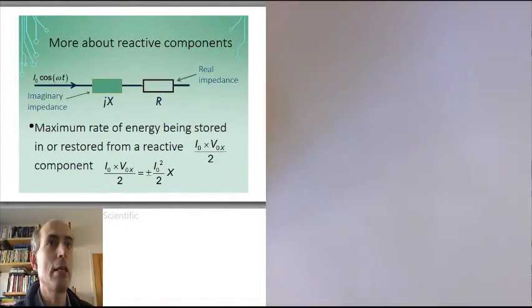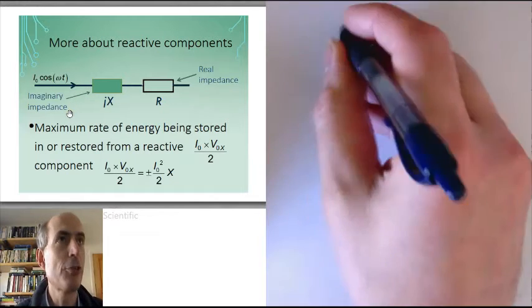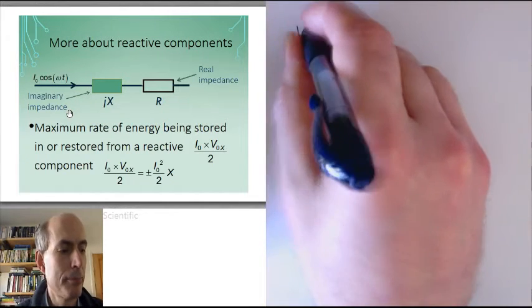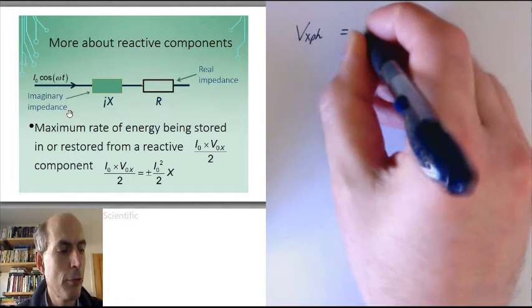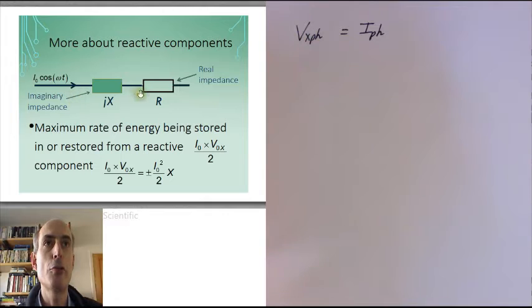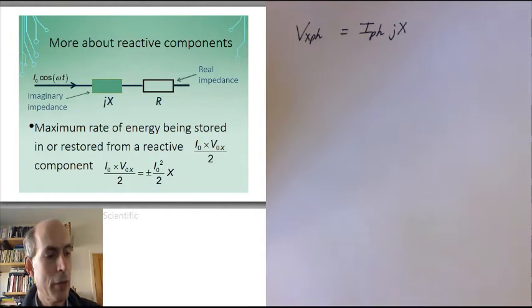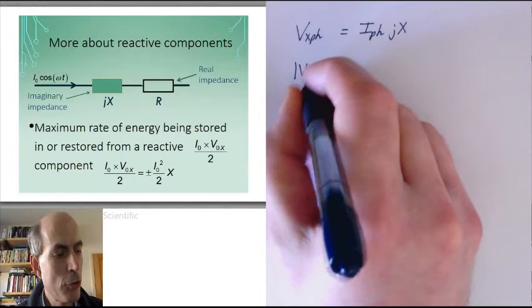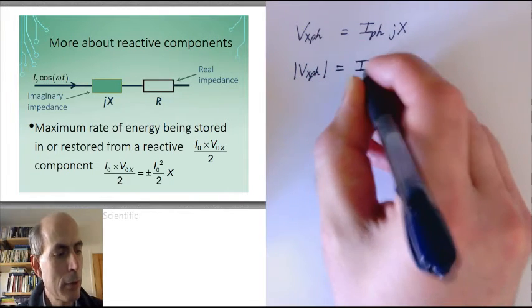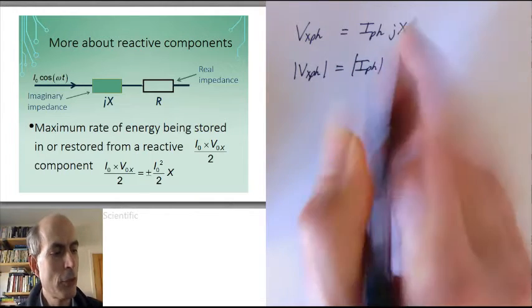If I represent the voltage across the imaginary part of this impedance here in phasor terms, I might call that Vx phasor. I know that's equal to the phasor representation of the current flowing through this network multiplied by the complex impedance of this imaginary part. So that would just be jX in this case. And if I take the magnitudes of this, the magnitude of the voltage phasor will be the magnitude of the current phasor times the magnitude of jX.